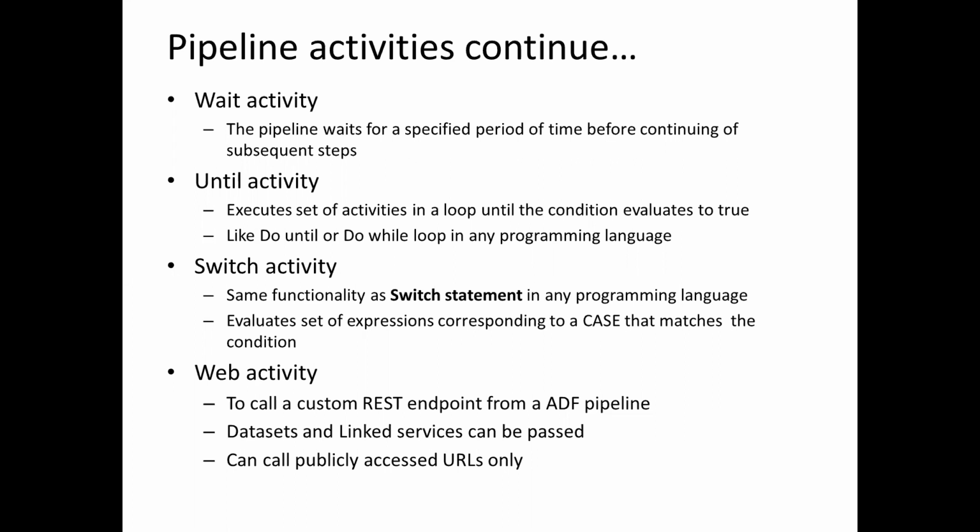Let's say the customer or the client you're working with says, hey, look, my data is available over a REST API. So you can execute that API and pull the data. I hope you guys are aware of what REST APIs are.